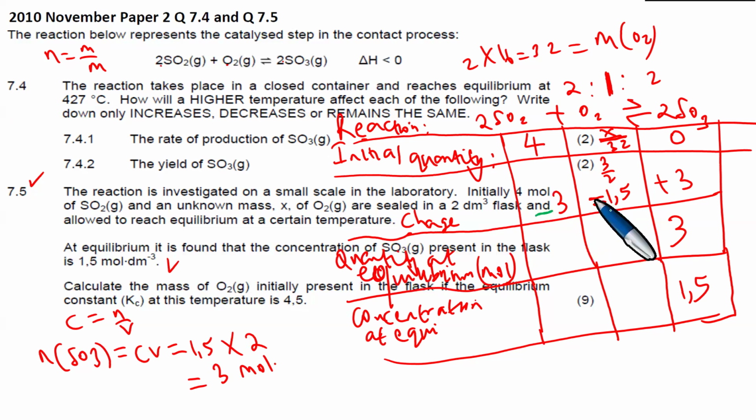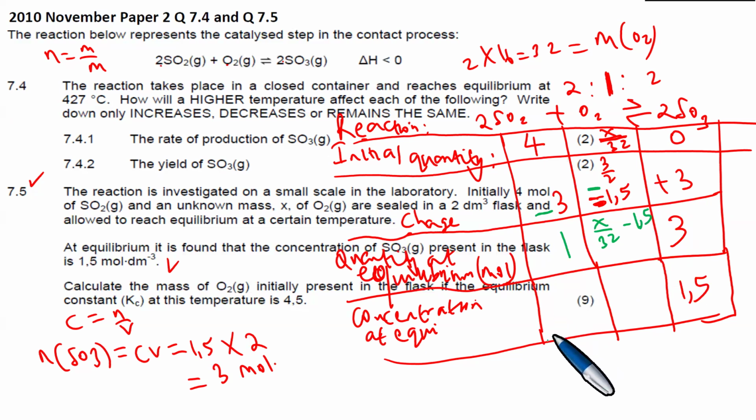The changes are negative, and then a positive change. So this one is 4 minus 3, giving us a 1. Then x on 32, you minus 1,5, and then this is 3.